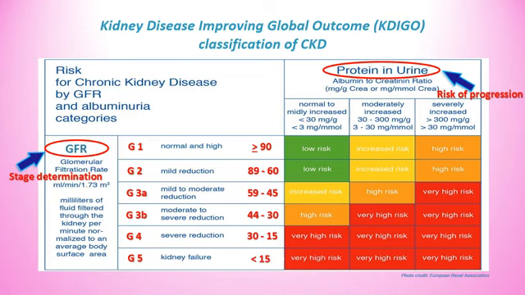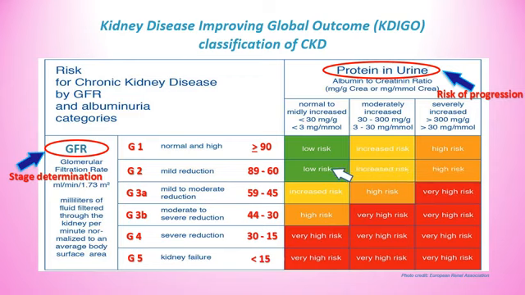Now, for example, take any patient of stage 2, that is in the second row. If he or she comes with a urine ACR report less than 30, he or she will be placed in the low risk zone, that is first column, second row.